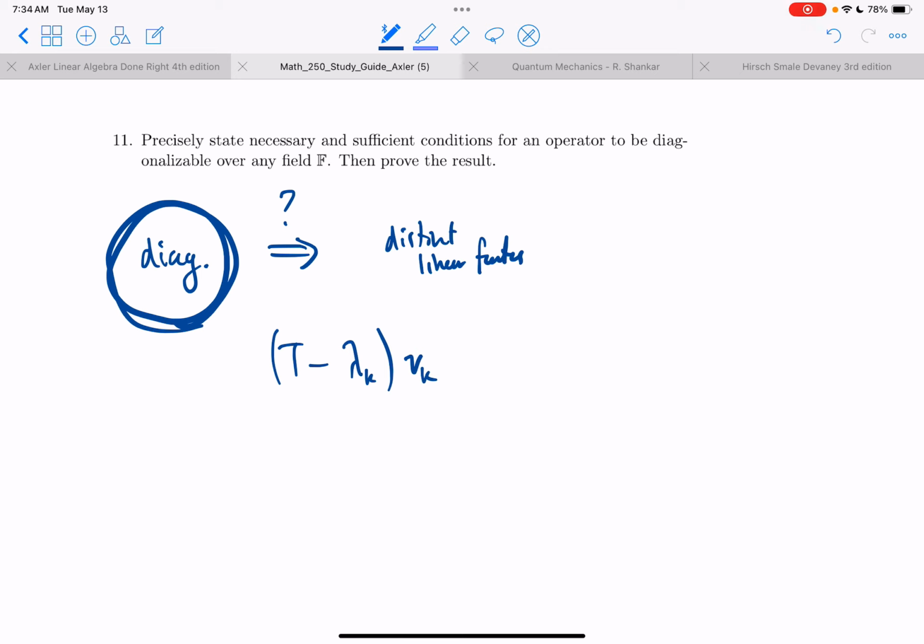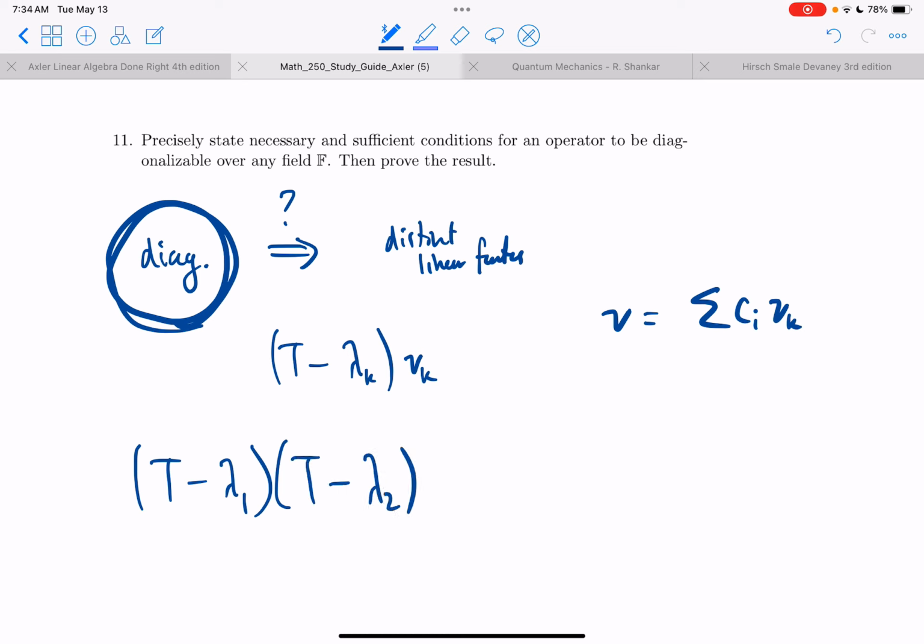And because any vector in the space can be written as a linear combination of the basis vectors, if you string these all together, where you only count the distinct ones, nobody can stop you from forming this polynomial where you just put the distinct linear factors like this.